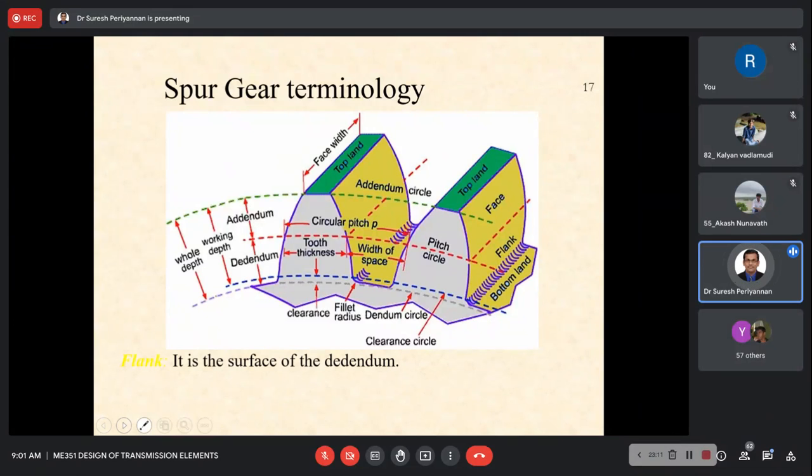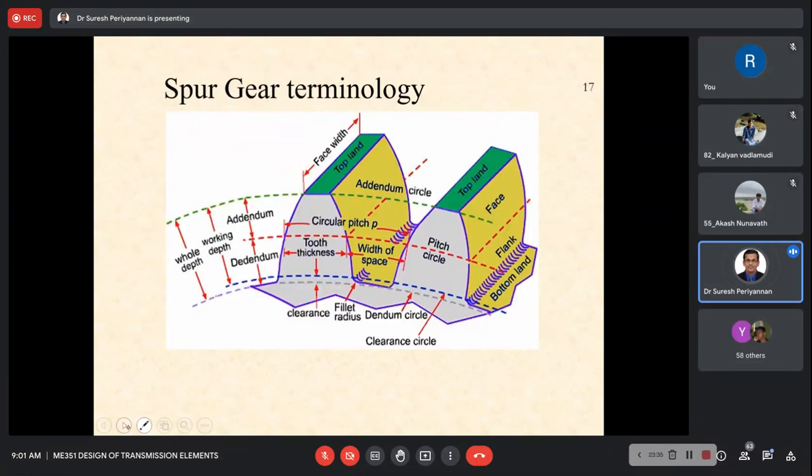Now, flank is the surface of the dedendum, below the pitch circle, the area that makes contact with the mating gear. That is also called the flank surface.